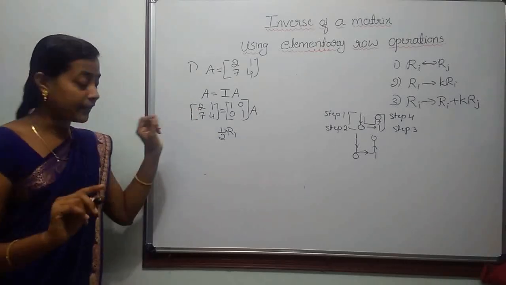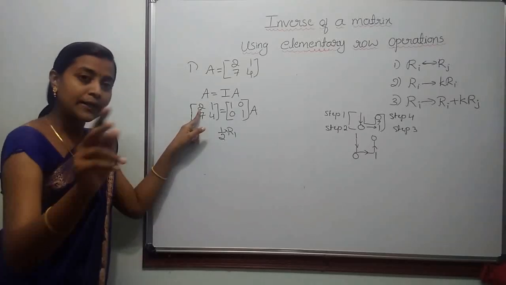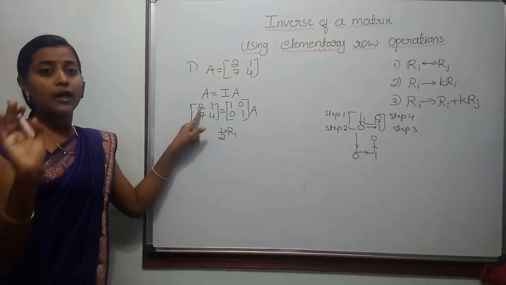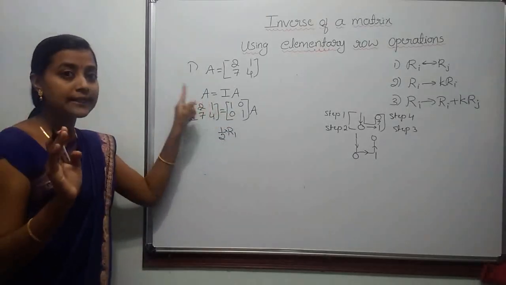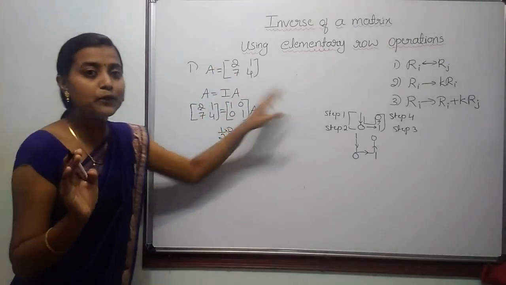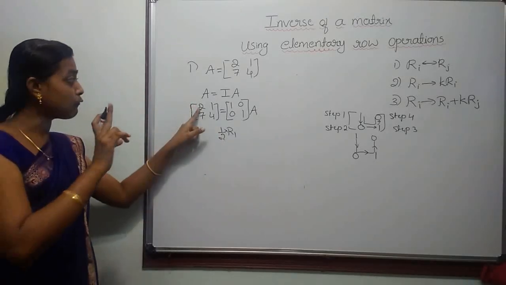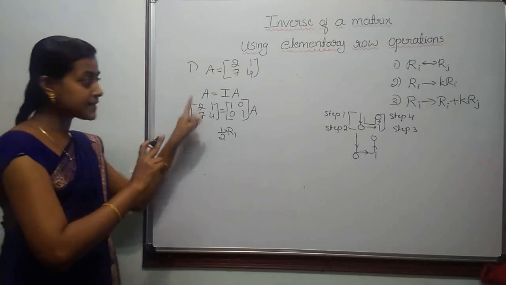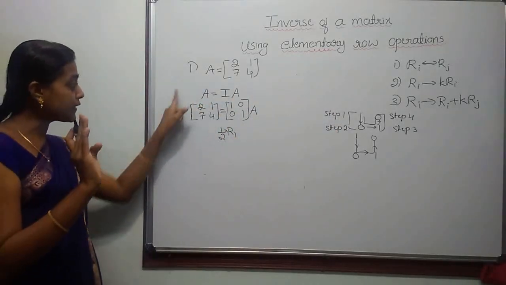And remember that we cannot apply the operation to only one element or some element of the row. We have to apply the operation to the entire row, that is to each of the element of the row. So we cannot multiply 1 by 2 to only one element to make the first element as 1. You have to multiply this 1 by 2 to entire row.